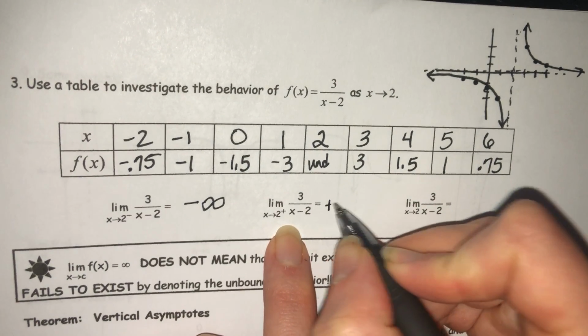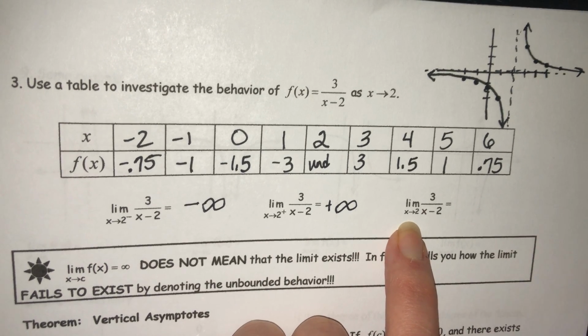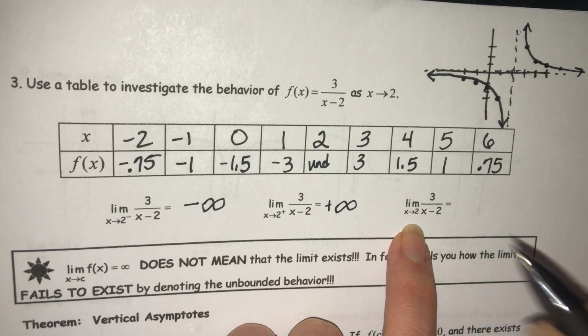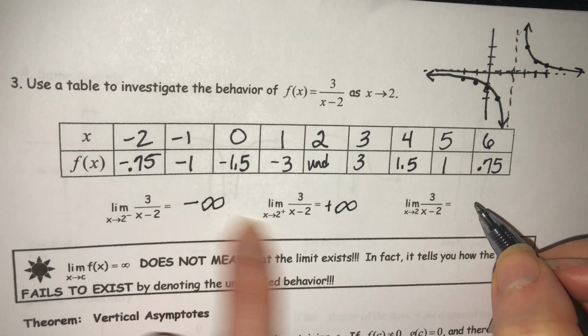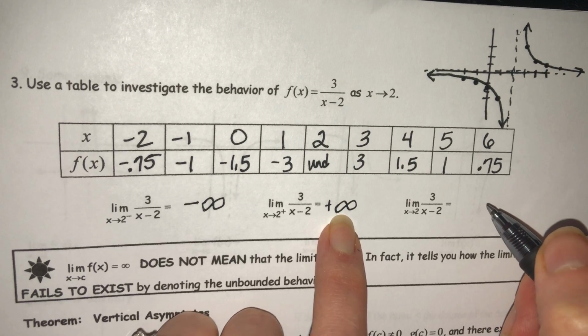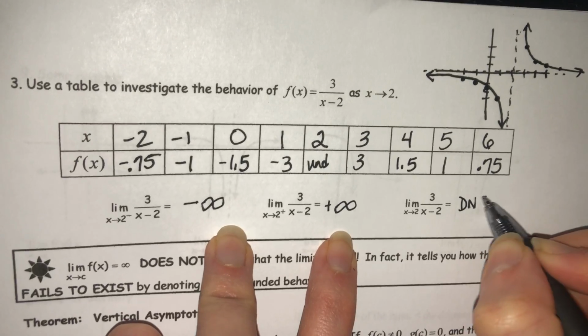It's going to positive infinity. What about the limit as x approaching 2 of 3 divided by x minus 2? Well, since this is negative infinity and this is positive infinity, you really can't say either one of those because they're not the same. So you just have to say that does not exist.